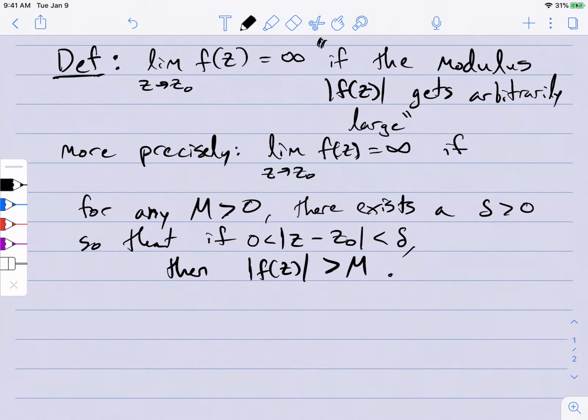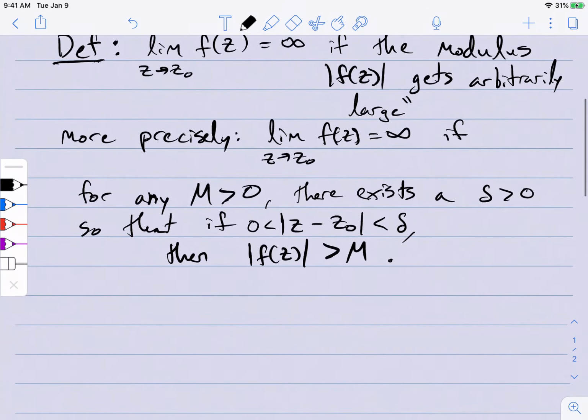And again, we're just looking at the modulus of f of z, so we're not caring about the argument of this complex number.